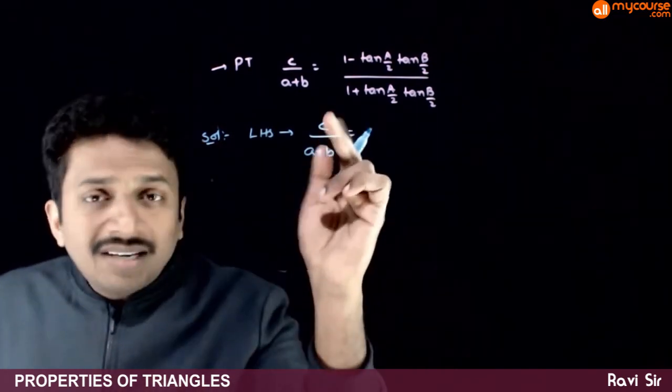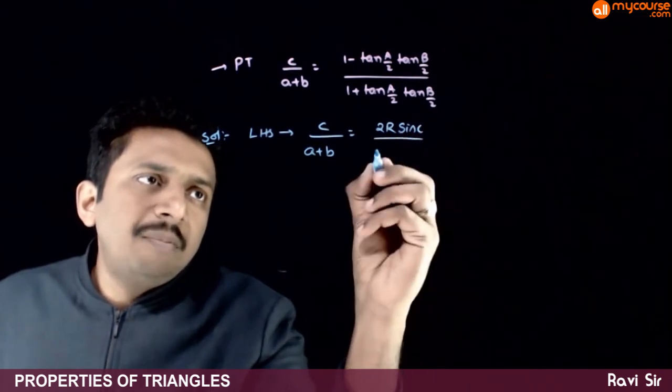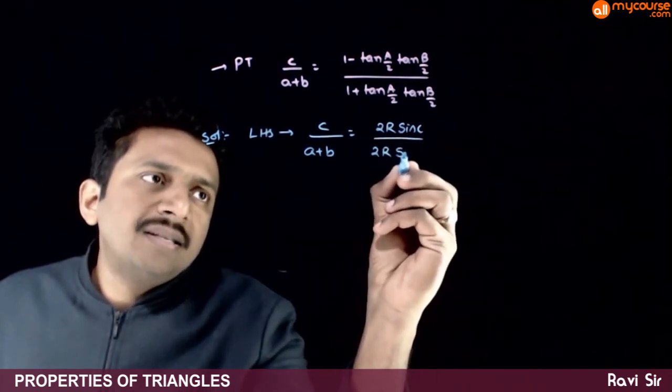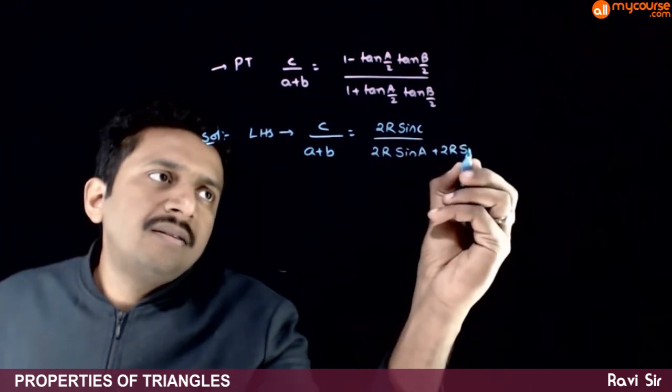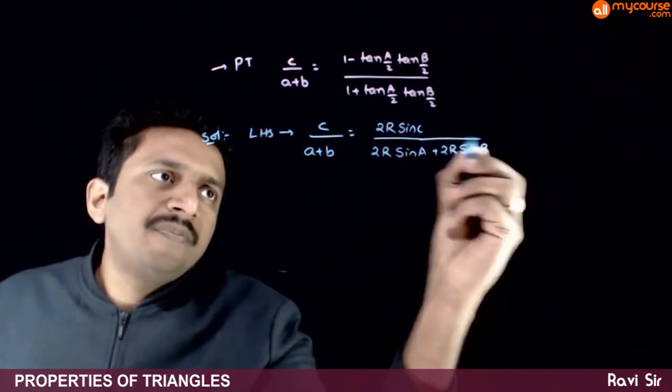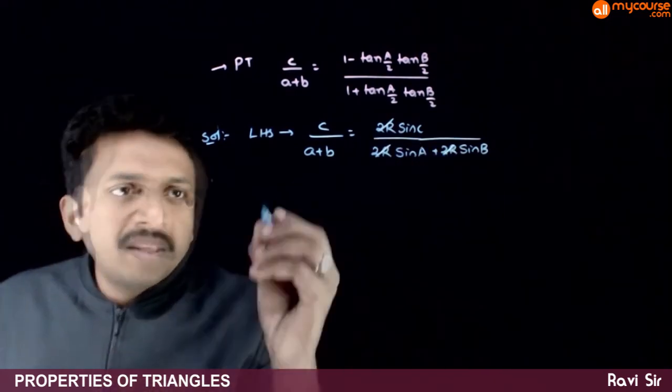From sine rule, I can write c as 2R sine C by 2R sine A plus 2R sine B. So I can take 2R common and cancel it out in all the terms.